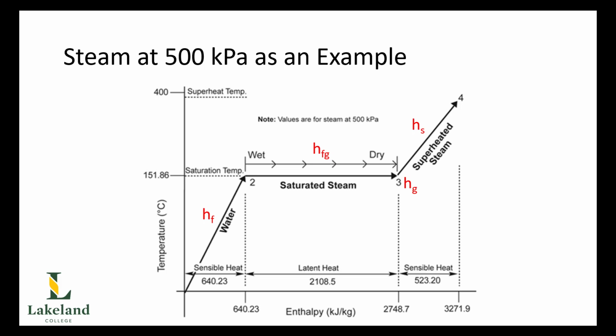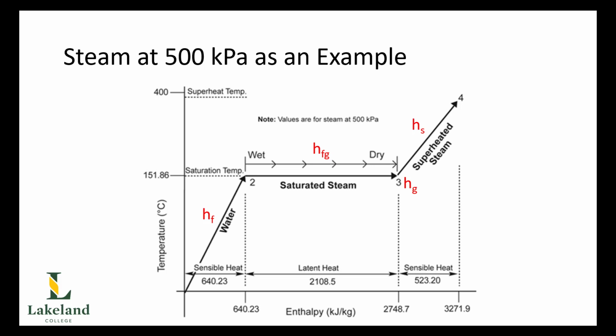We now get to point 3, which is the saturated steam point, or the dry saturated steam point. Hg can be determined by taking the hf value and adding it to the hfg value. So in this example, 640.23 plus our 2,108.5 will give us our total specific enthalpy here of 2,748.7 kilojoules per kilogram.